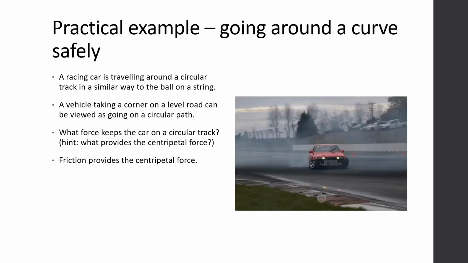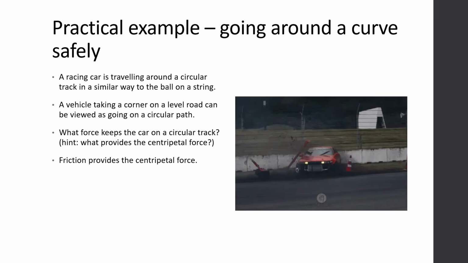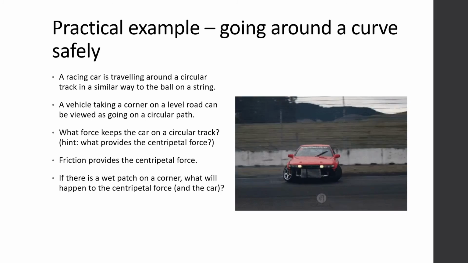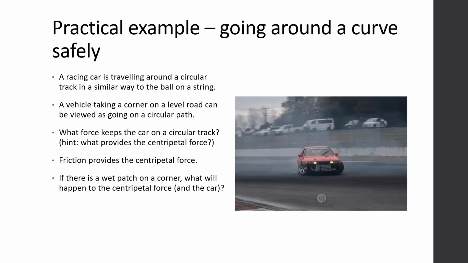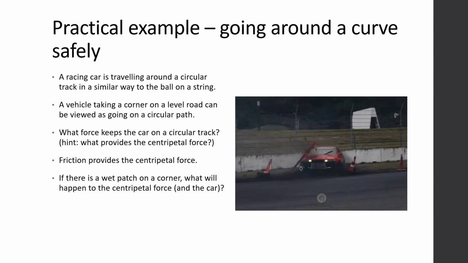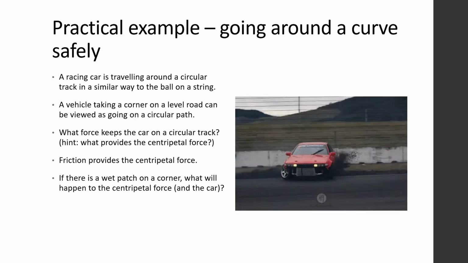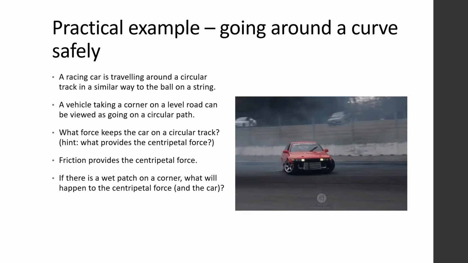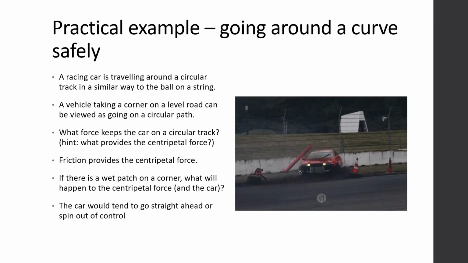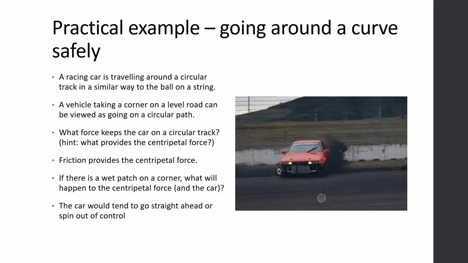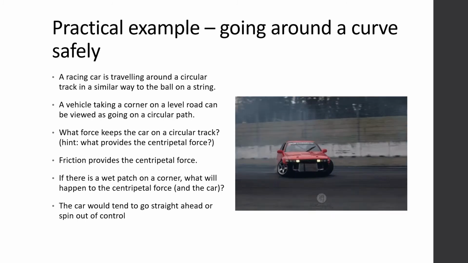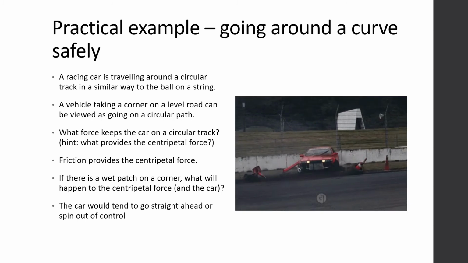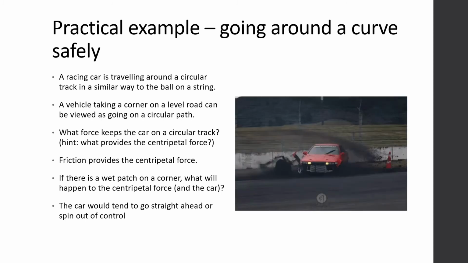So friction provides the centripetal force. If there's a wet patch on a corner, what will happen to the centripetal force and the car? Think about that. So the car, rather than carrying on around the circle, will tend to go straight ahead in the direction it's travelling, or spin out of control.